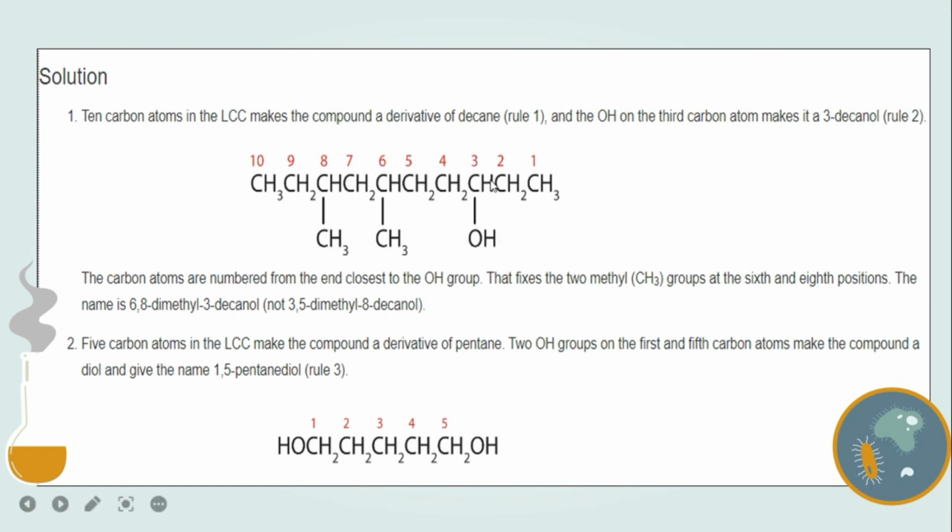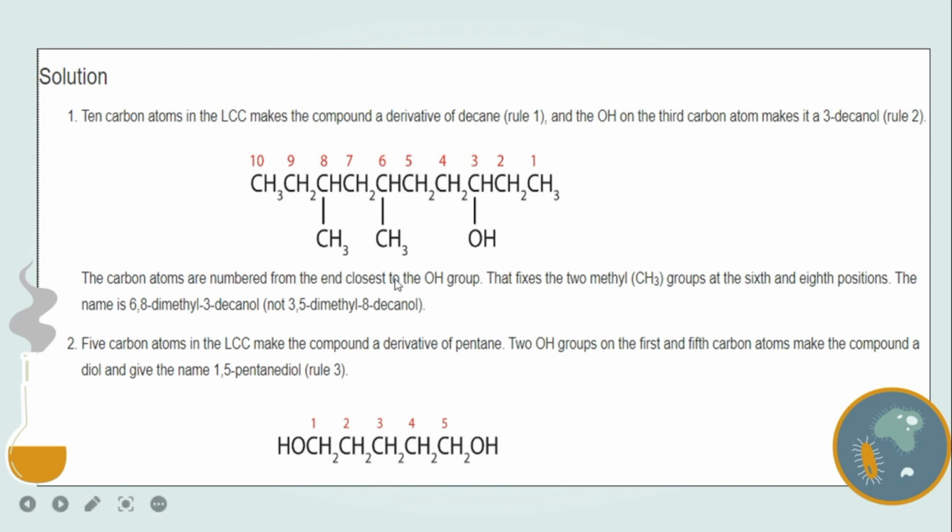Since the OH is located at the third carbon, it makes the compound 3-decanol. It is decanol because again it has 10 carbon atoms. The carbon atoms are numbered from the end closest to the OH group.